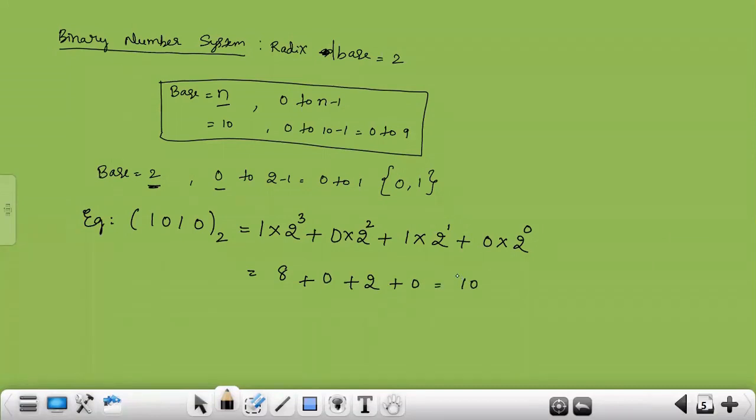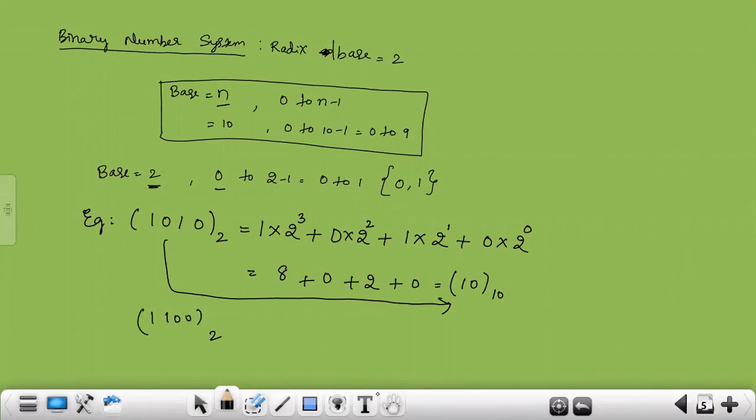So this is with respect to base 10. Whatever I have written in terms of base 2 has the equivalent value in the decimal number system as 10. We'll just take one more example. I'll take 1 1 0 0.